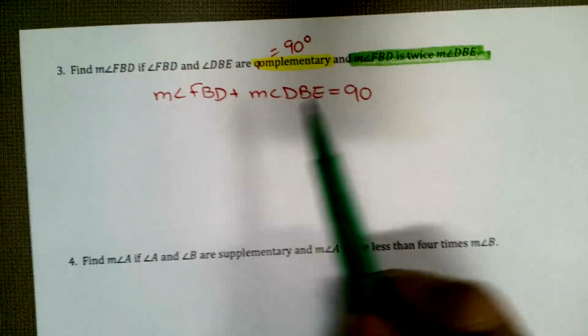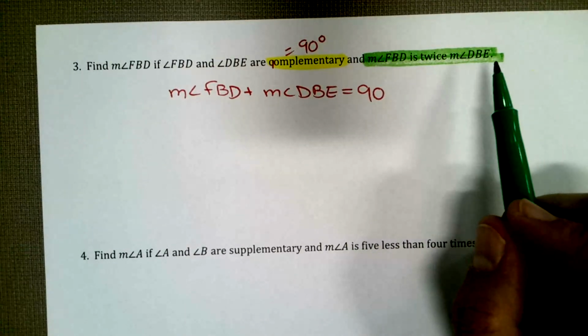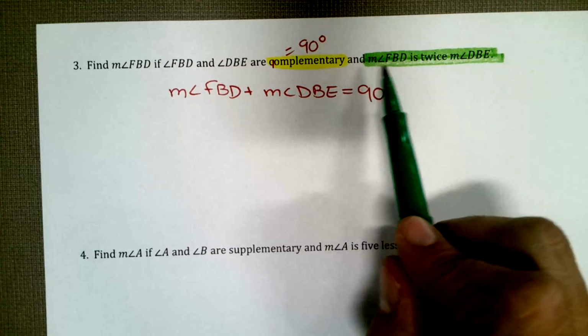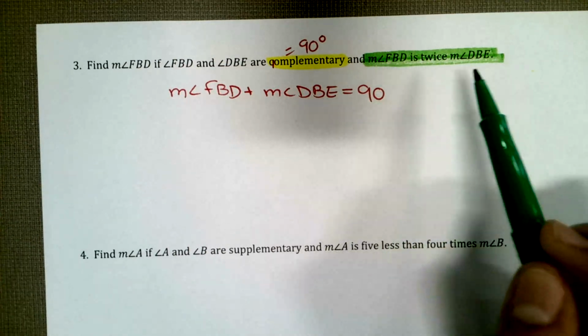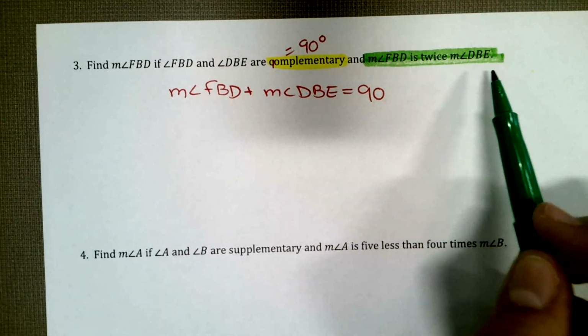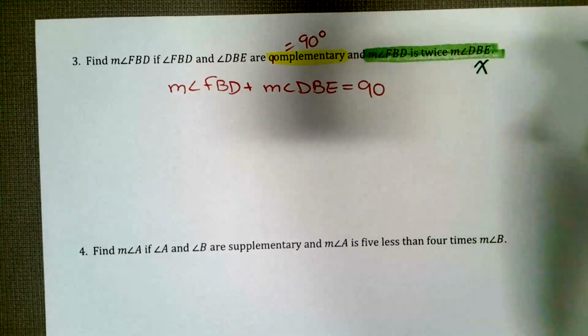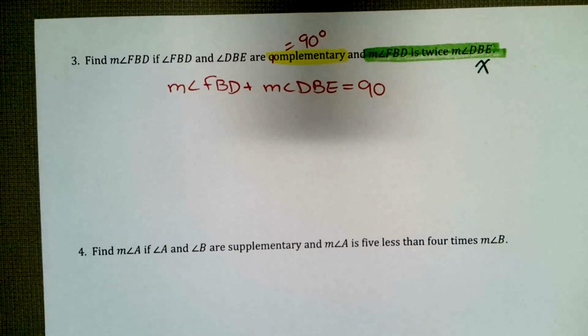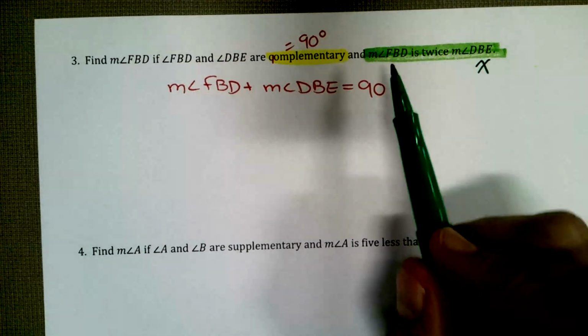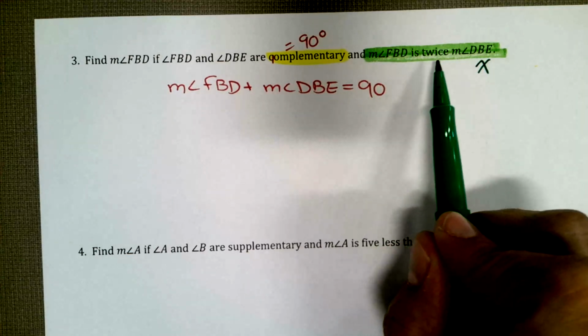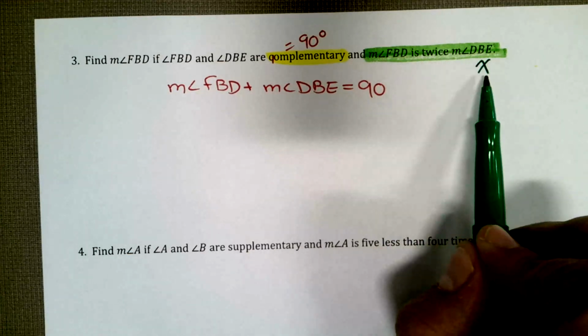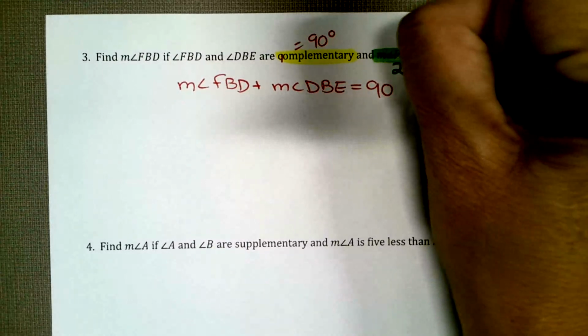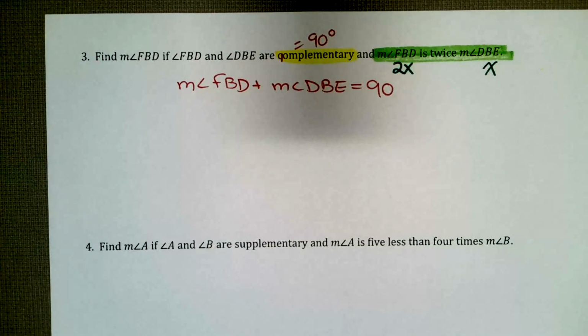And I'm going to tell you that whatever comes at the end is x. So the measure of angle FBD is twice the measure of angle DBE. So the measure of angle DBE is x. And then the measure of angle FBD is twice that. So twice x is 2x.